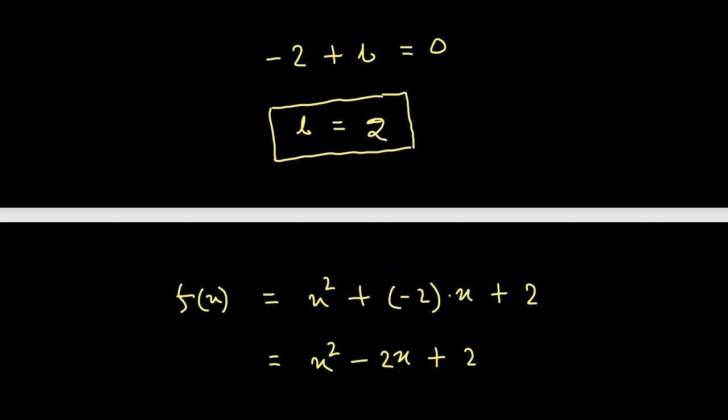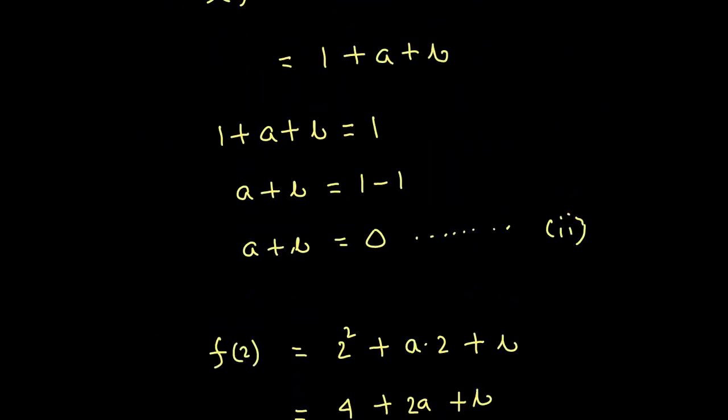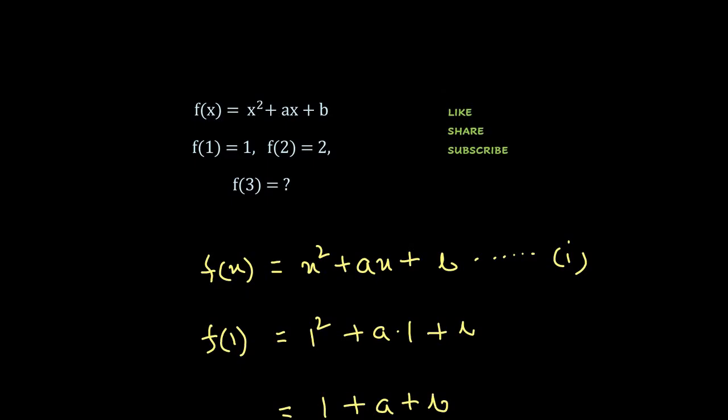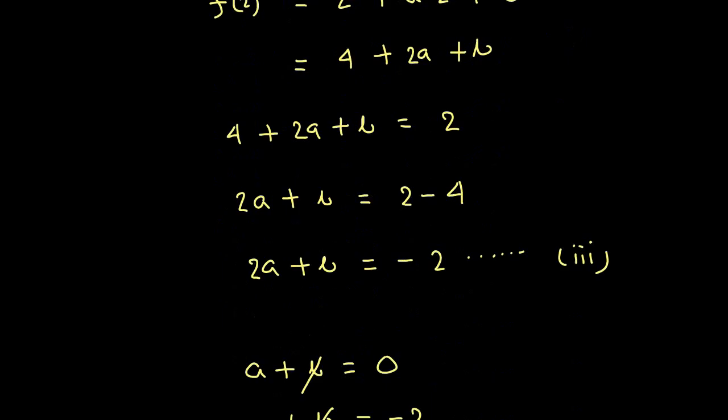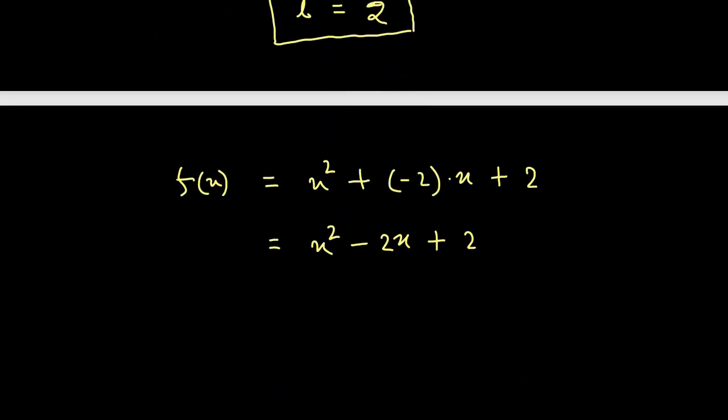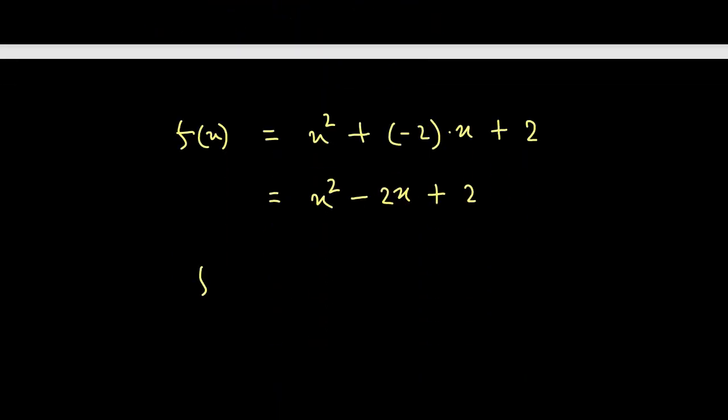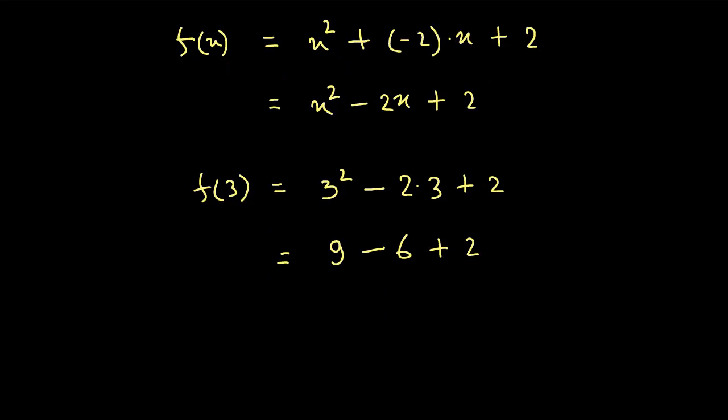Now we need to find the value of f(3). If we put the value of 3 in place of x, we can get the value of f(3). So we have f(3) equals 3 squared minus 2 times 3 plus 2, which gives us 9 minus 6 plus 2.